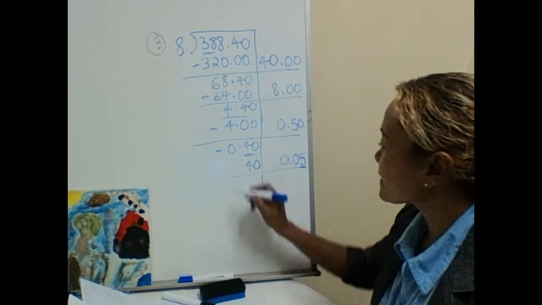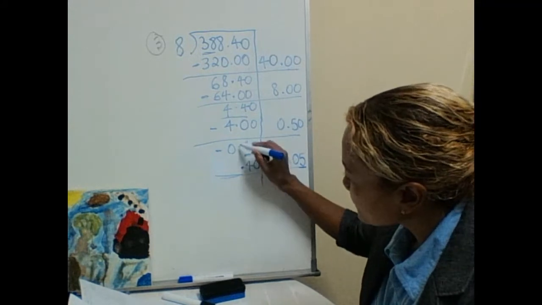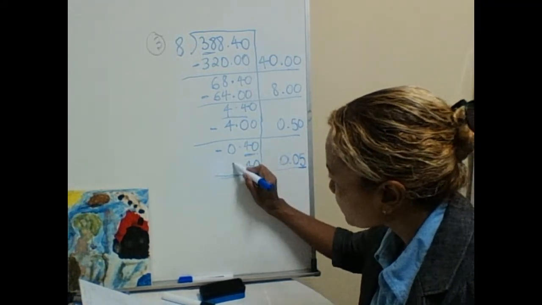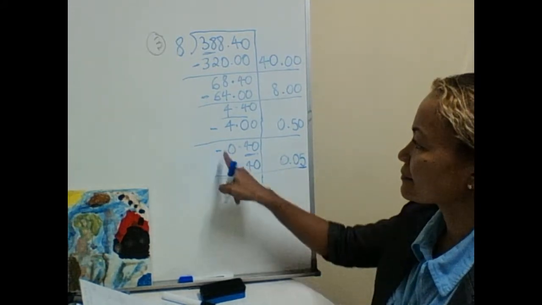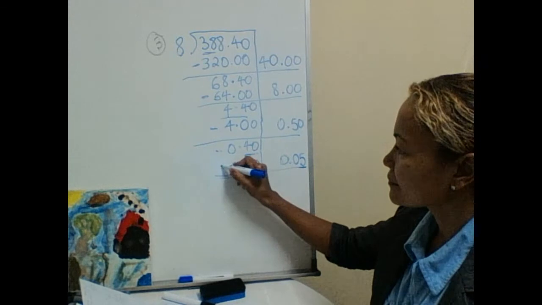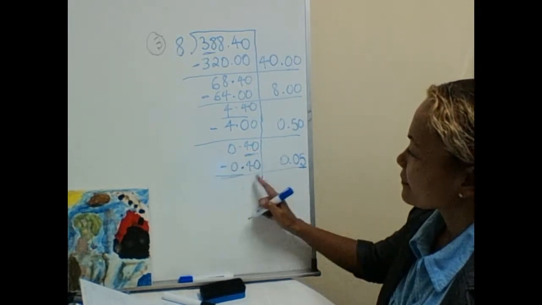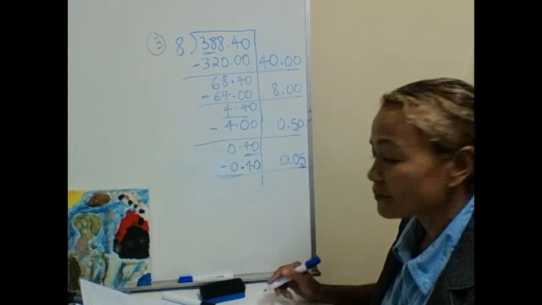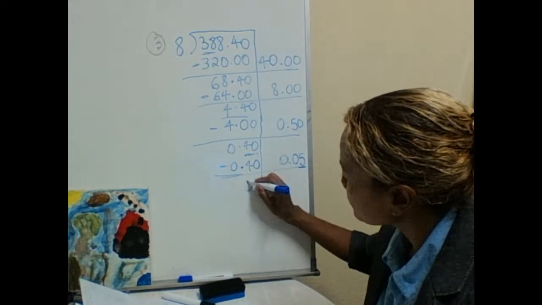Now you fill in the decimal point and the zeros. Decimal point here, it's to the left of the 4. Put the 0 there. Don't need to put any zeros after this. You can, you don't have to. 0.4 minus 0.4, 0.